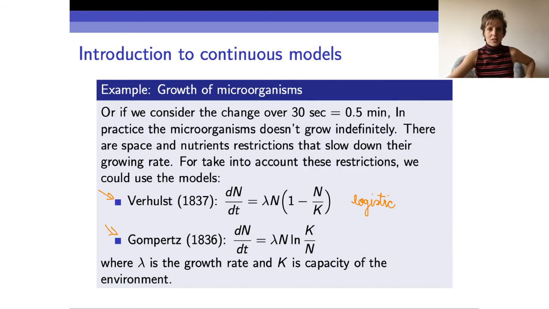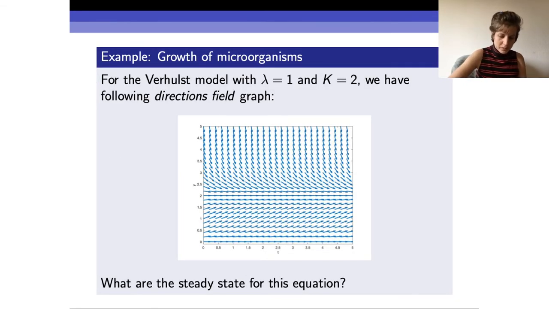And then I just simulated the Verhulst model with parameters lambda equal 1 and k equal 2. And we have the following direction field graph. So we can see here that 0 looks like to be some steady state, unstable, because if you go a little bit away from it, so here is time.